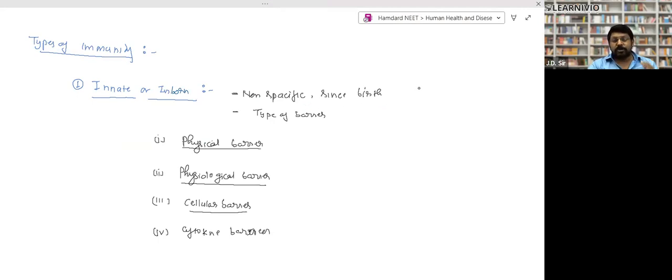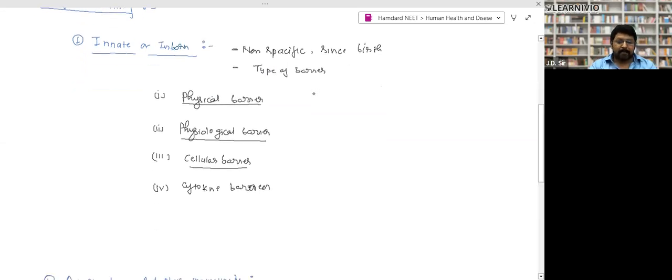It is in general for all kinds of disease. It is found in the body of a human since birth. By birth, we get this kind of immunity. How many types of barriers develop innate or inborn immunity? First thing, the physical barrier. The physical barrier, like our skin.